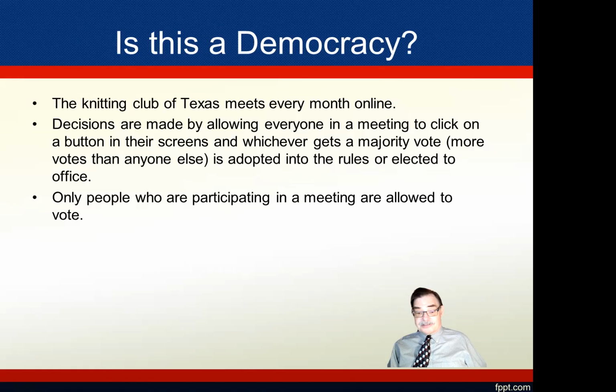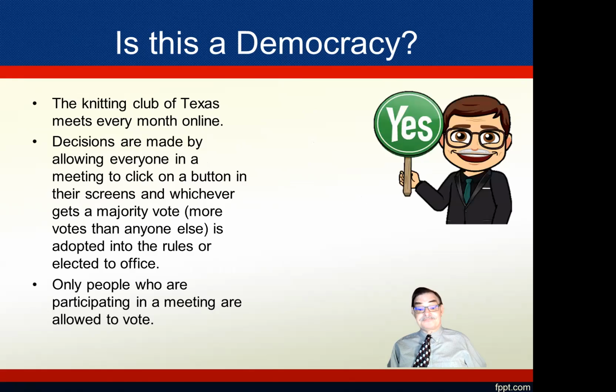Only people who are participating in a meeting are allowed to vote. Is this a direct democracy? And the answer would be yes, it's a direct democracy. Is it a republic? We'll look at that in a minute.